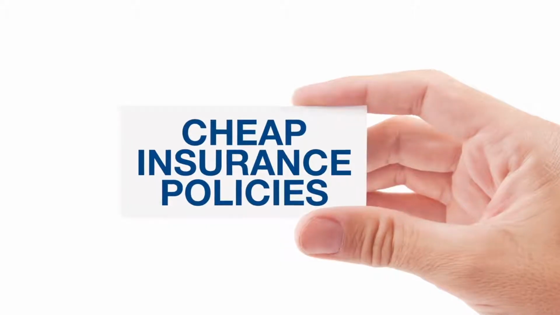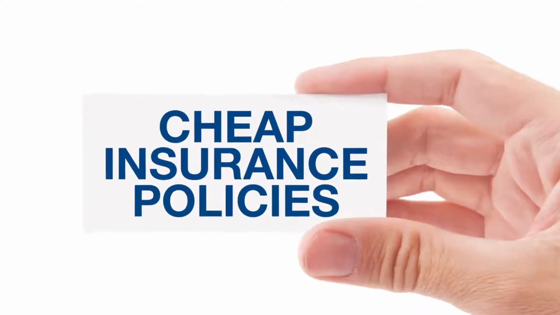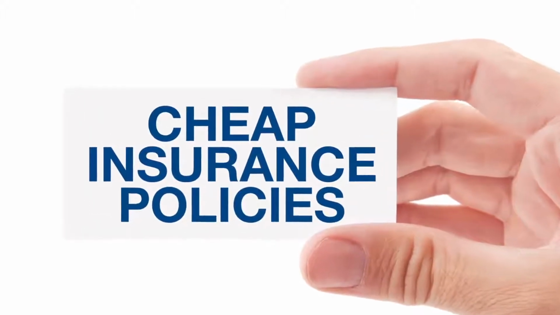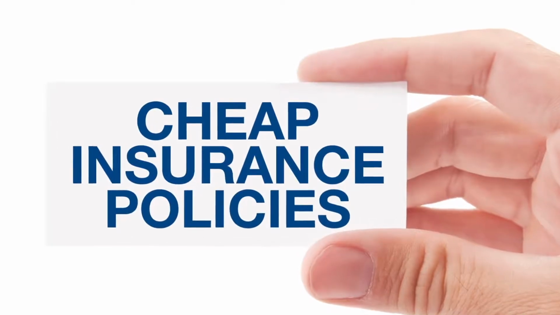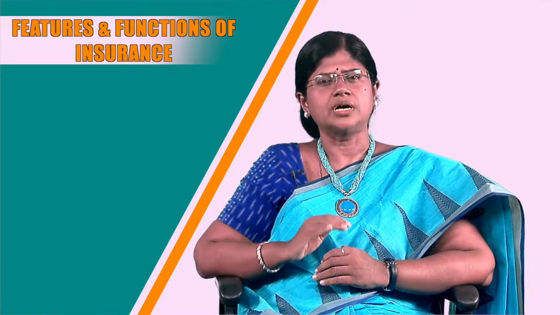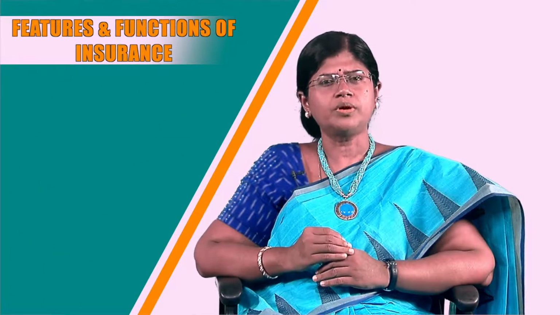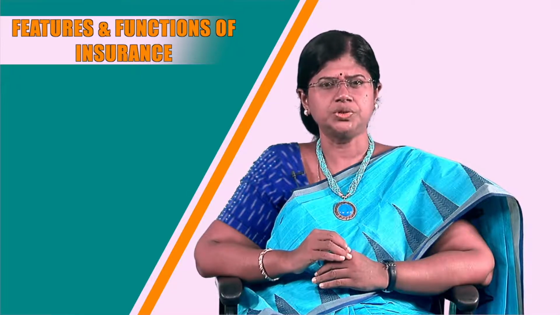Therefore, to make insurance cheaper, a large number of persons or property have to be brought under the umbrella of insurance. If an insurer admits more persons, the cost of insurance will come down automatically, and thereby a lower amount of premium can be charged on the insured.